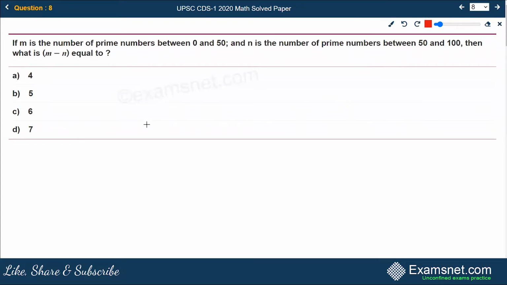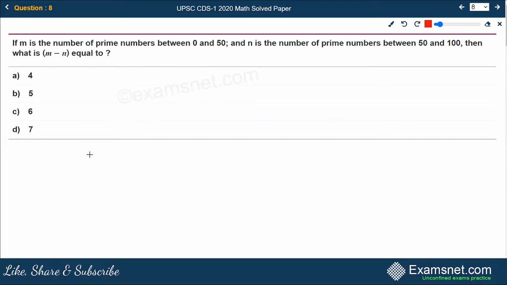In question number 8, we are given if m is the number of prime numbers between 0 and 50 and n is the number of prime numbers between 50 and 100, then what is m minus n equal to?